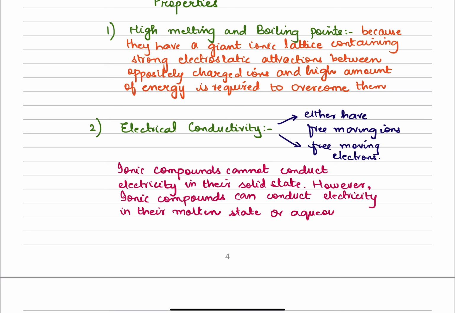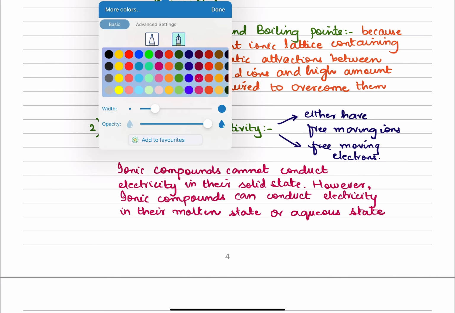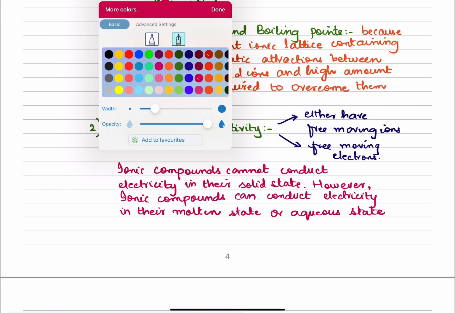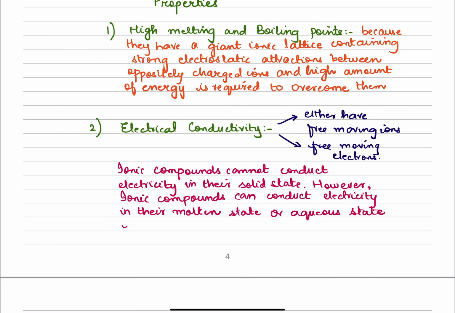What do I mean by aqueous state? Aqueous state means dissolved in water. And why can they conduct electricity in their molten or aqueous state? Because the ions now are free to move and can carry charge.